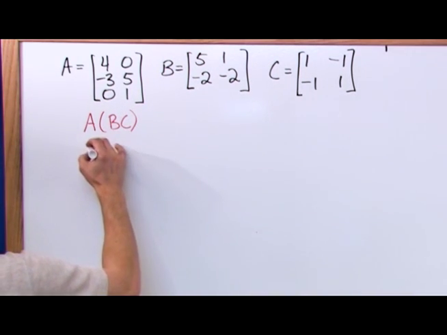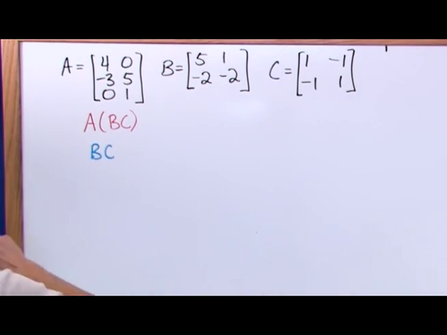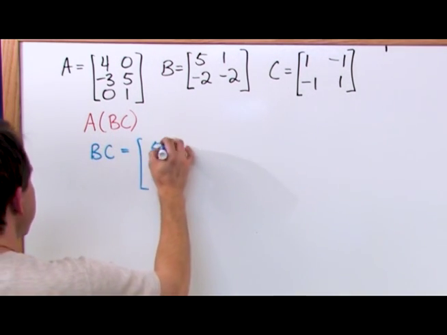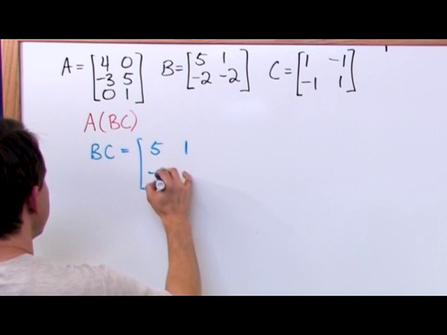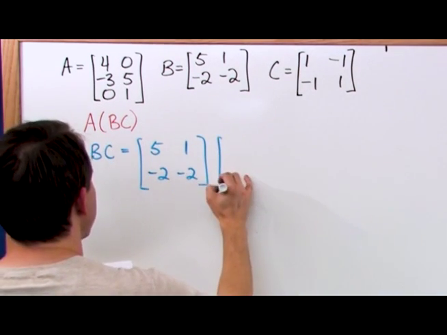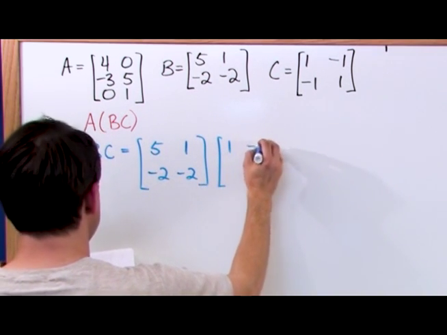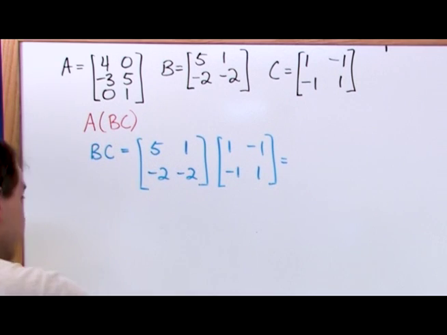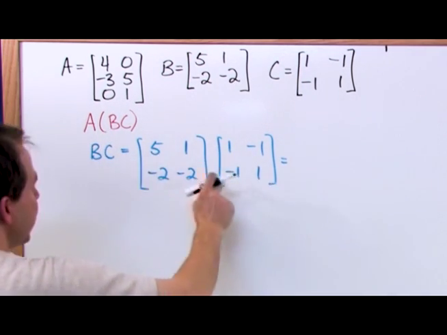So let's go ahead and find B times C. B times C is 5, negative 2, 1, negative 2, multiplied by 1, negative 1, negative 1, 1. And if you look on the previous board, because we were just solving B times C plus C times B, we've actually already calculated this matrix, over and down, over and down.